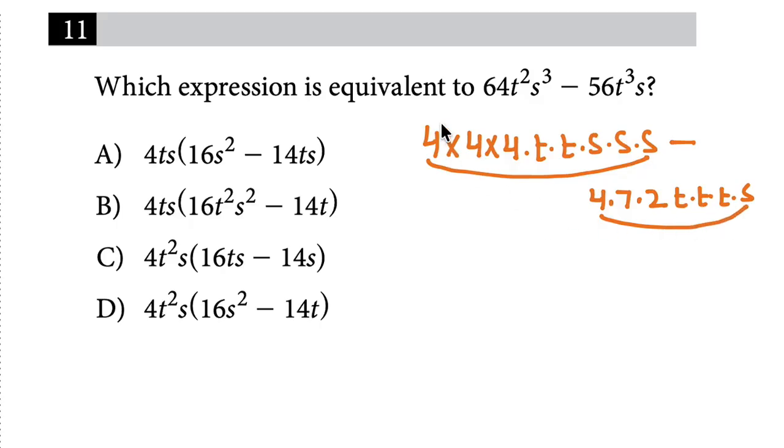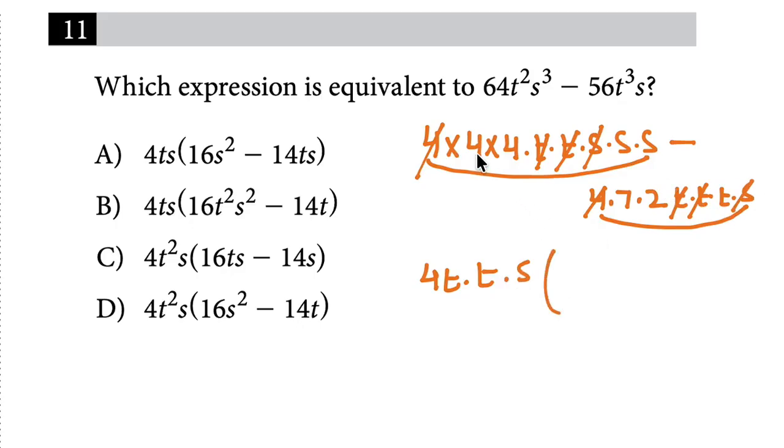What are common terms? So 4 and 4 common. Let's write it here. 7, 2, 4, 4, no number. t and t, t. One more t and one more t, one more t. One s is here, one s is here. This is s.